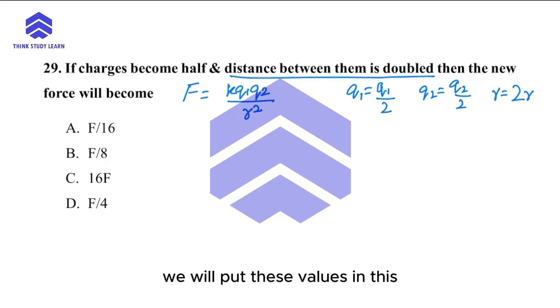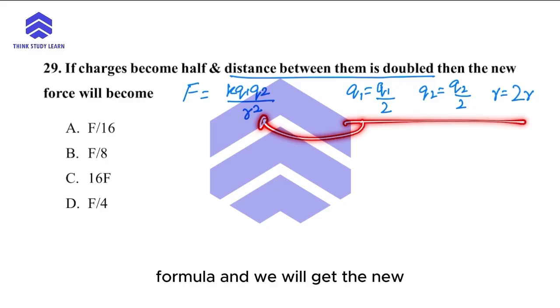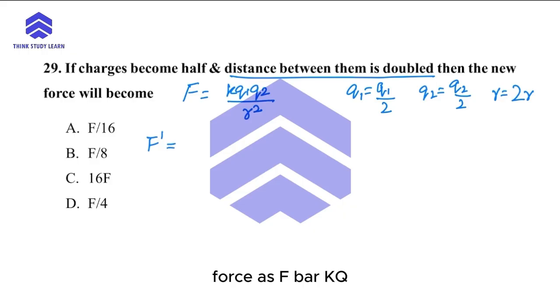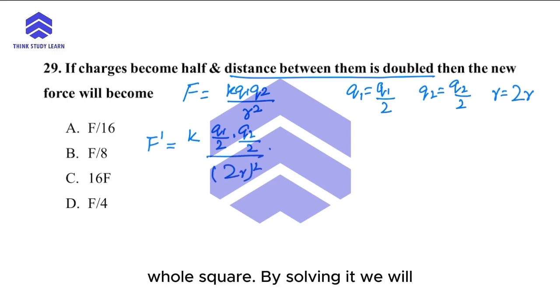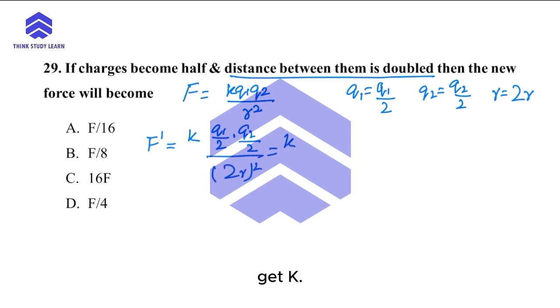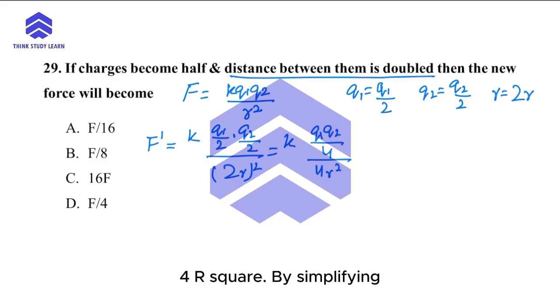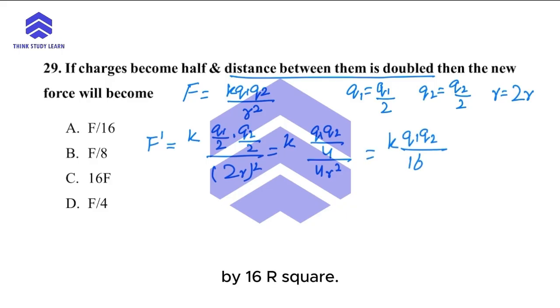Now, we will put these values in this formula and we will get the new force as F bar is equal to K Q1 divided by 2 into Q2 divided by 2, divided by 2R whole square. By solving it, we will get K Q1 Q2 divided by 4, divided by 4R square. By simplifying it, we will get K Q1 Q2 divided by 16R square.